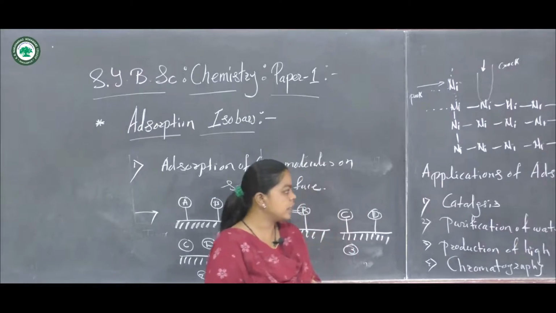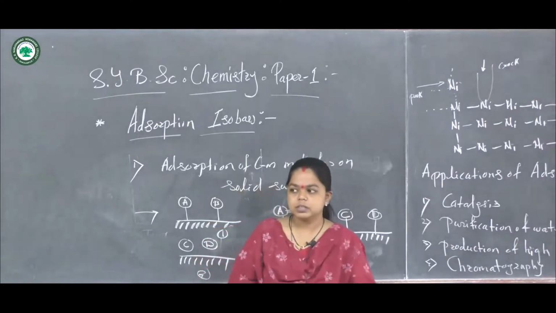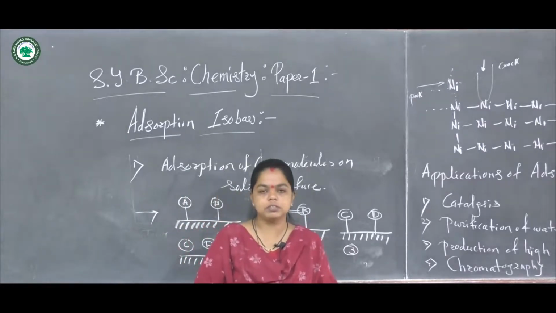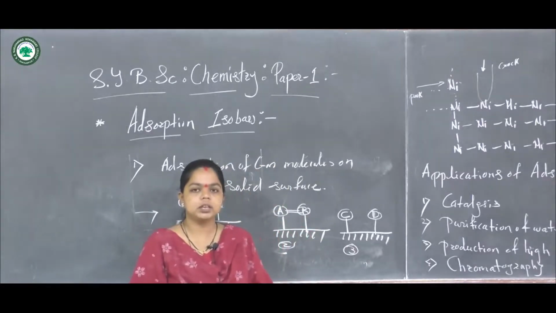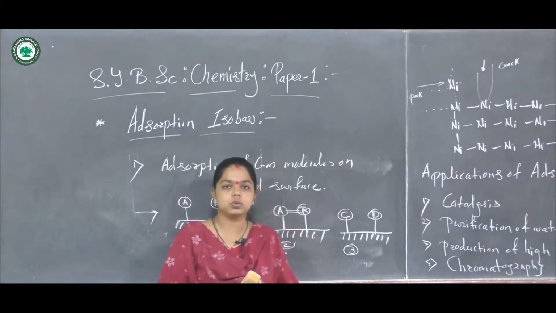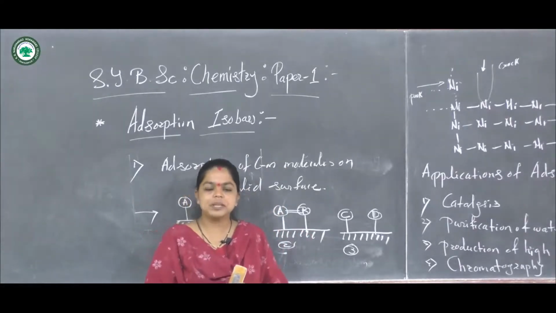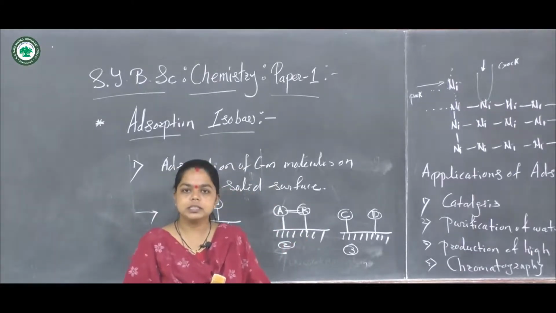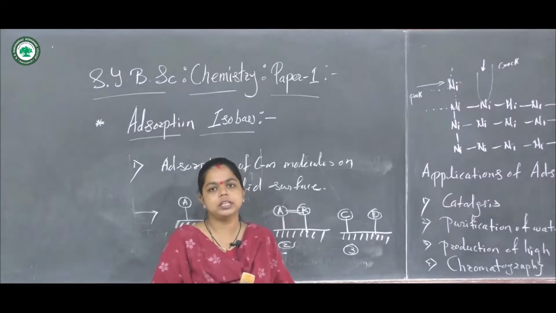Then next is the adsorption indicator. So we have studied the precipitation titration in which silver nitrate is treated with sodium chloride, so we get silver chloride. So in this precipitation titration, bromocresol blue is used as the adsorption indicator.